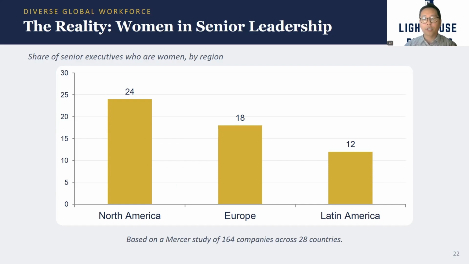Looking especially at senior executive roles, only 24% were women in North America, 18% in Europe, and just 12% in Latin America. These numbers make clear that despite growing awareness of the benefits of diversity, real progress toward gender balance in senior leadership remains slow and uneven across different regions of the world.